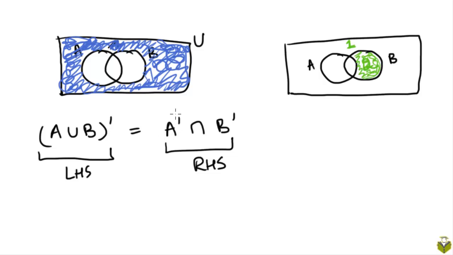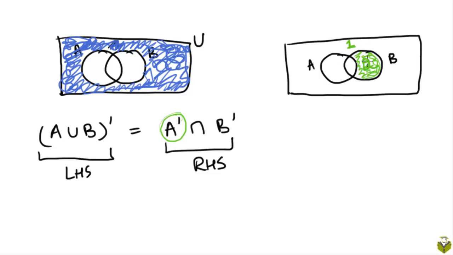Now we want to find out which part of the set A complement overlaps with the set B complement. So let's try to figure this out for both regions 1 and 2. Let's look at region 1. Does region 1 overlap with B complement? Yes, because it's outside of the circle B, so it overlaps with B complement.